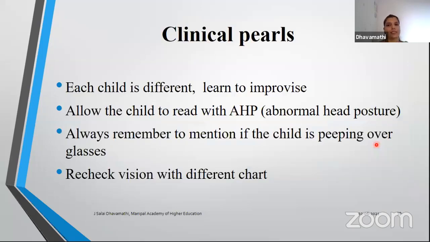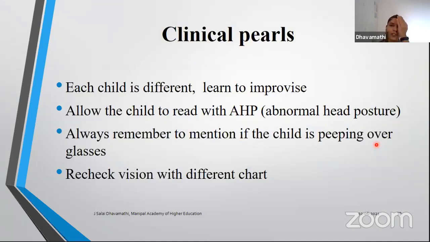If the child has eccentric viewing, please observe that and train them according to the visual needs. Always remember to mention if the child is peeping over the glasses. When you're checking the visual acuity, keep in mind that the child should not peep over the spectacles. Make sure the parents occlude the eye, or you occlude with an occluder.